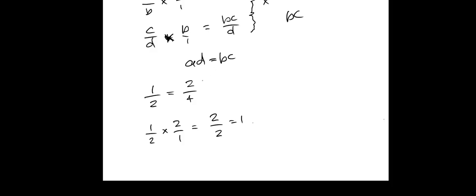Now I want to take this right hand side and I want to multiply that by 2 over 1, and we're left with 4 over 4, which is also 1. So we're left with the answer 1 equals 1. Is that true? Well, yeah, that is true. It's very true. Okay, so far, so good.